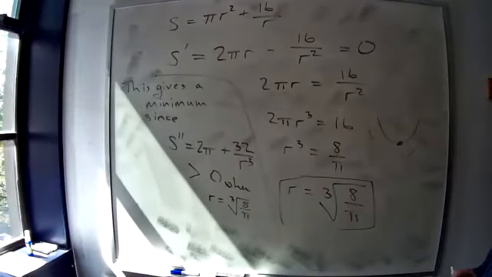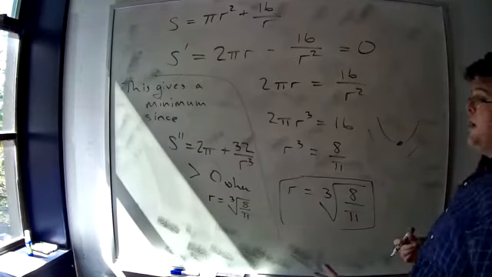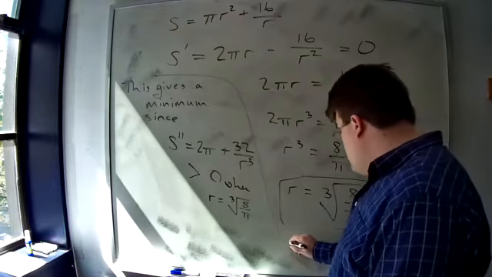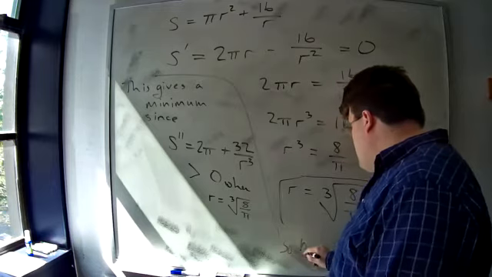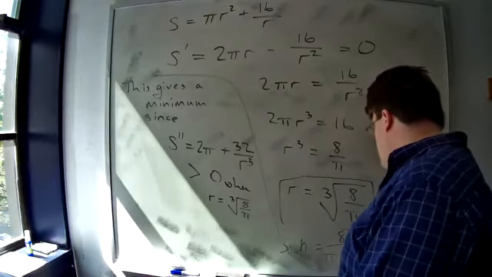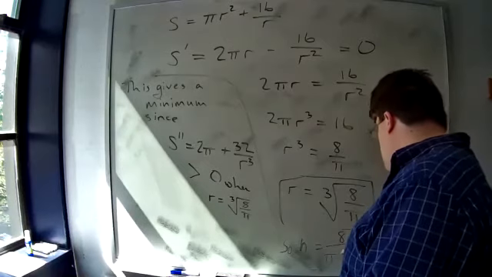And we look back at what the question asked, and we're still not done because it wants the dimensions of the cylinder, the radius and the height. Here's the radius. I'll just find the height over here. h equals 8 over pi times r squared.